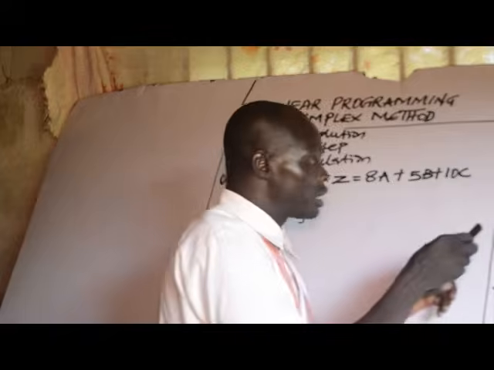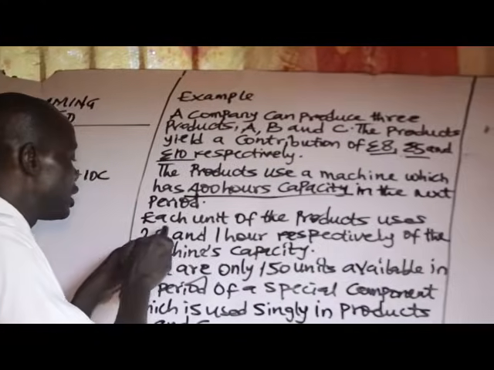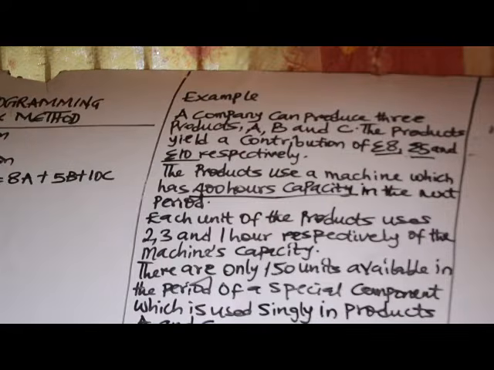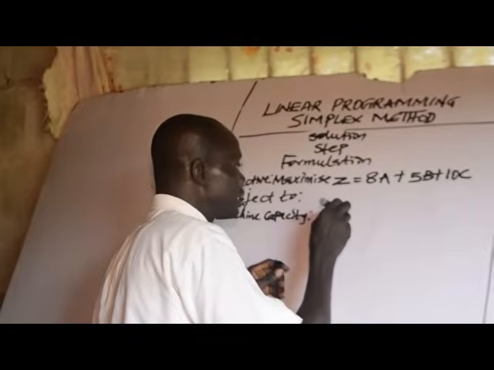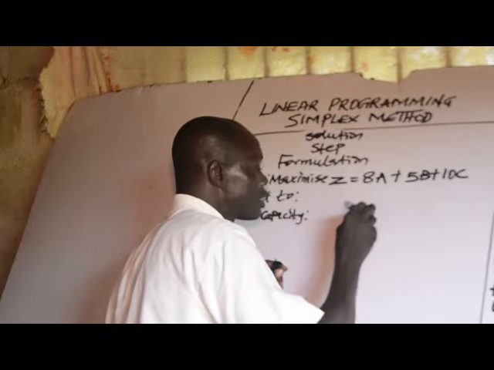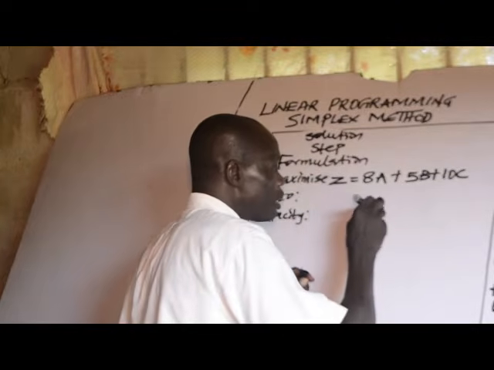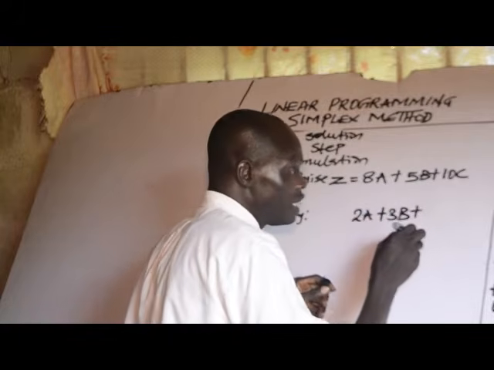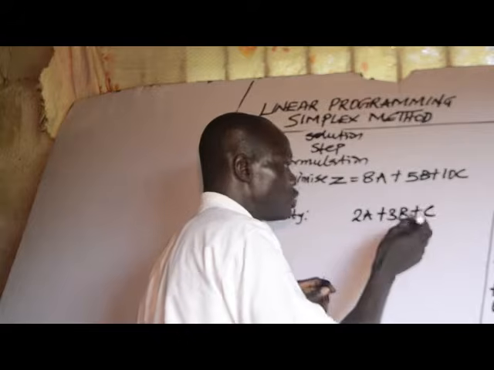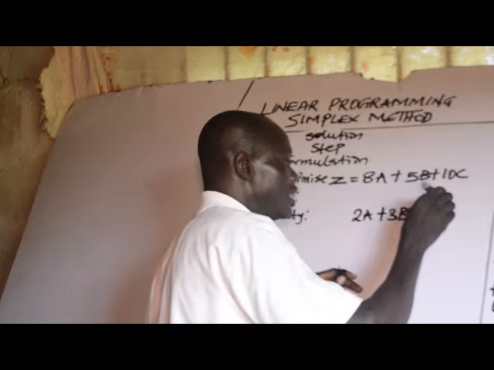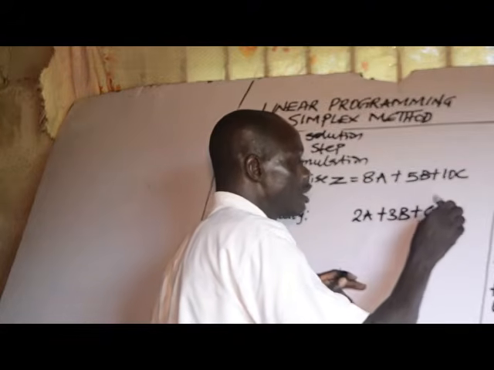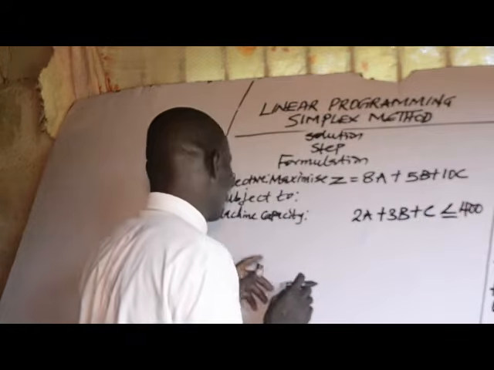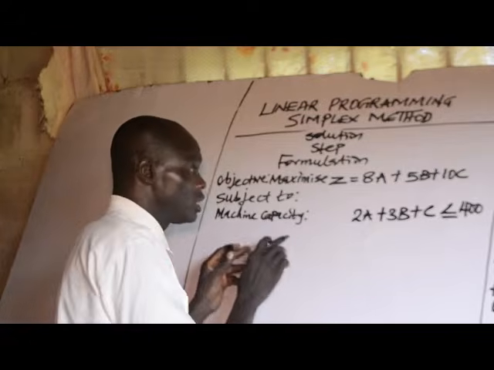For product A, we have 2 hours, 3 hours for B, and 1 hour for C. So machine capacity, we have 2A plus 3B plus C. You don't need to put 1 since it is 1 hour. So less than or equal to the available machine capacity of 400 hours. So that is constraint number 1.